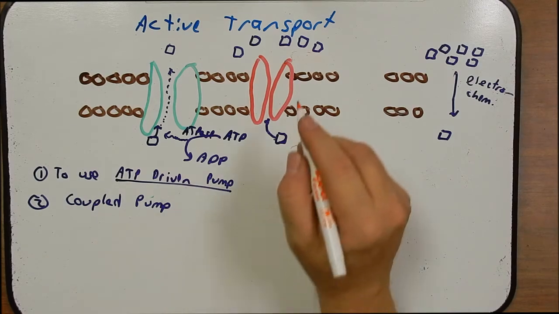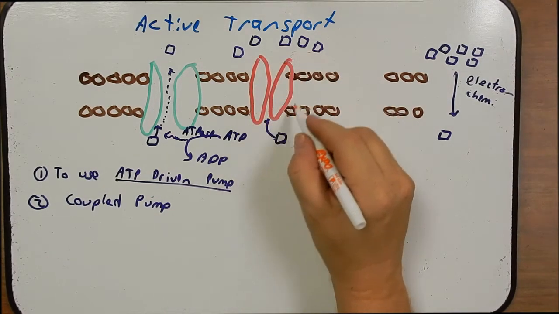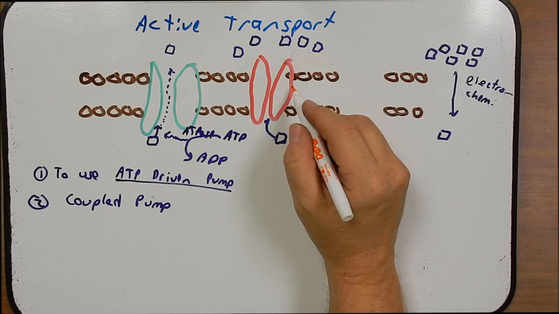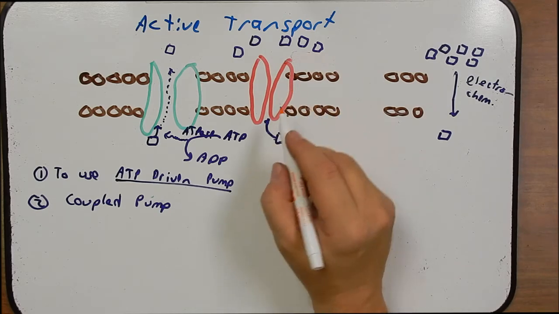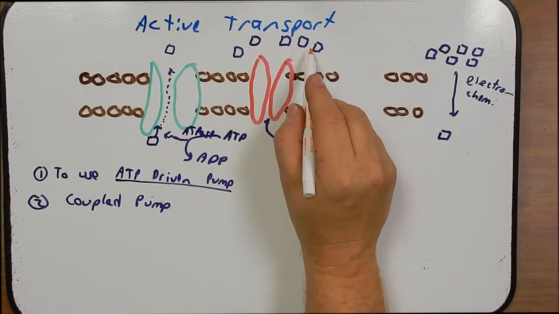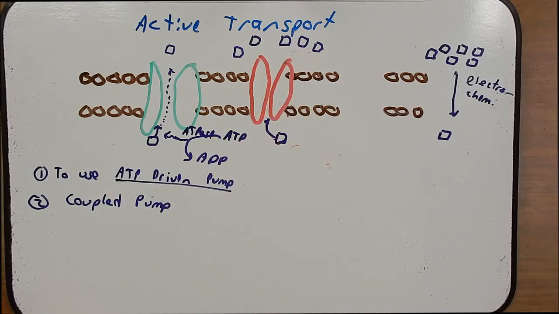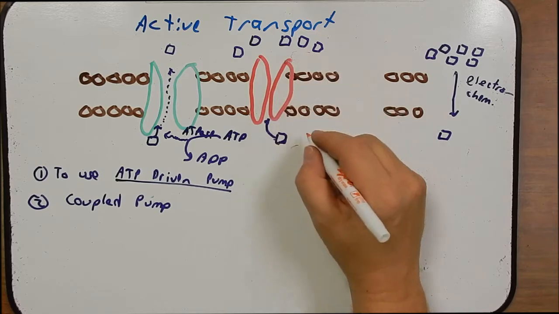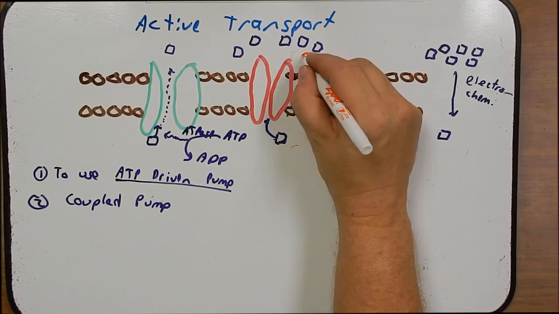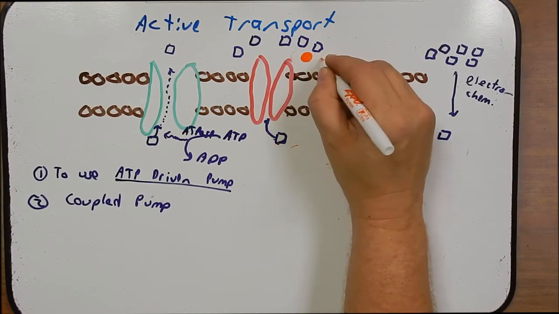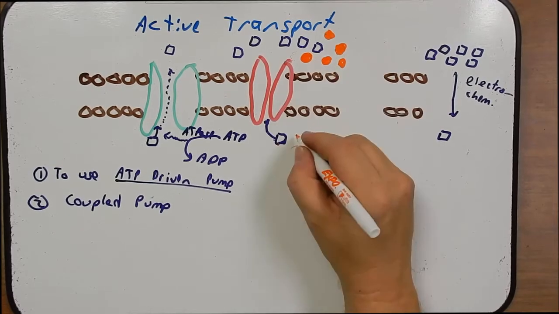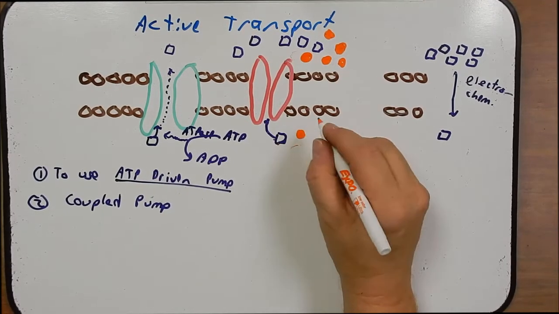So what we mean by coupled is that this transporter here will move two different solutes. This one, it's going to go against the gradient from a low concentration to a high concentration. The other solute is going to go from a high concentration, and I'm going to make this one a closed circle, to a lower concentration.